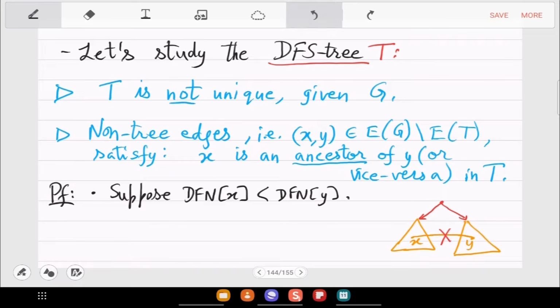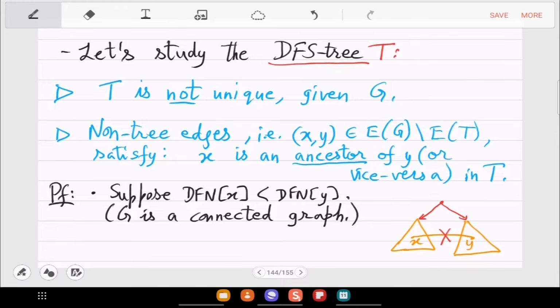And we are assuming that the graph is connected. It is a connected graph, so the DFS tree covers all the vertices. There is only one tree. There is only one connected component.